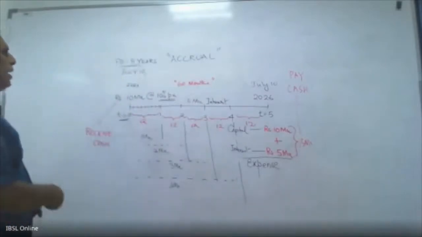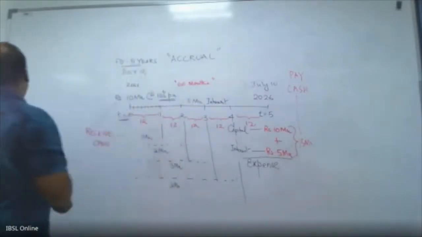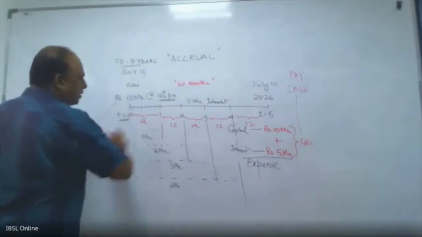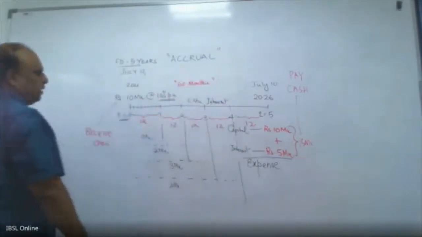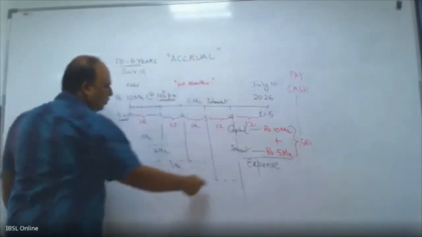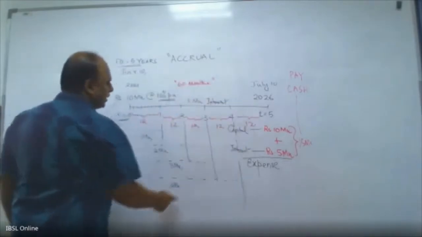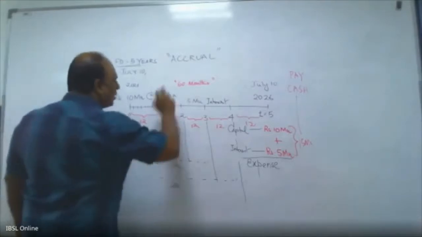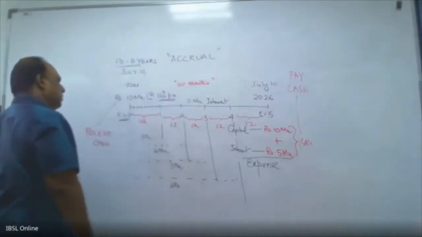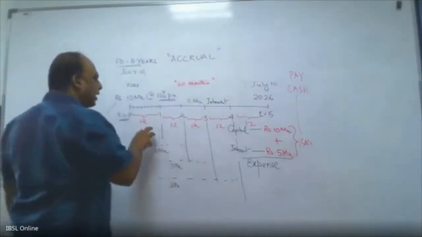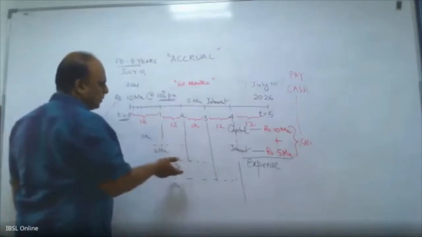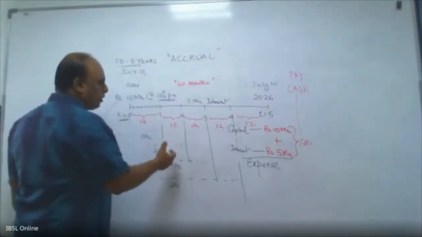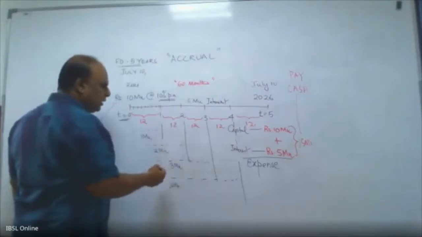Now, what do you mean by accrual concept? It is not what you receive in cash or what you pay in cash, it is what you account for during this period. This mechanism is known as accrual basis. That is where you recognize an income or expense. Here I am talking about a deposit because it is very easy.